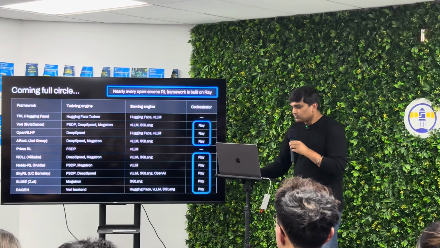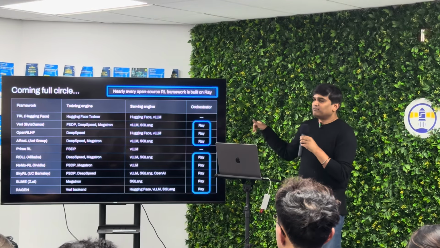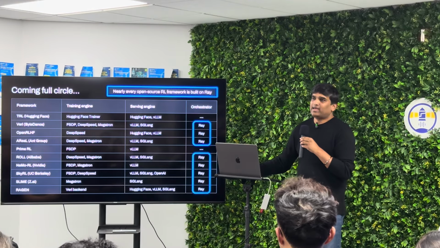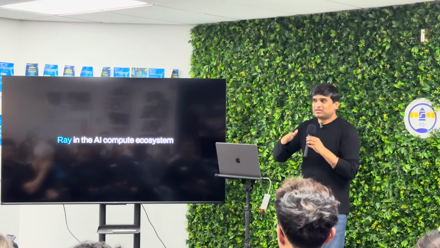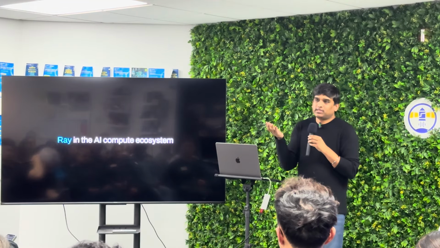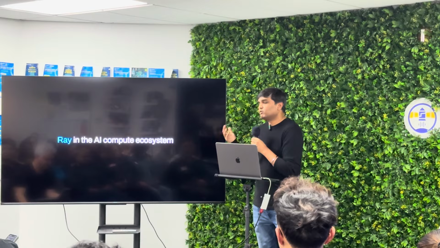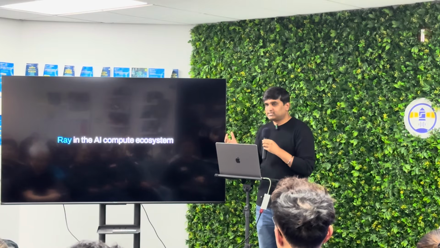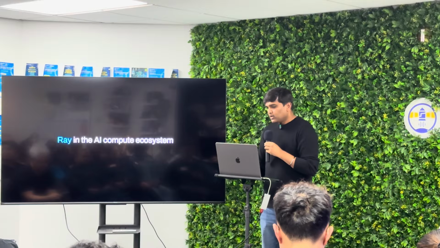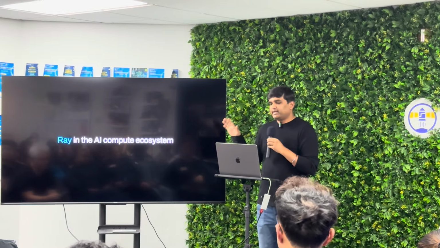Since this framework started with RL, and at that time RL was not the thing, but in the last 2 years RL became a thing, so Ray became a thing. That is how I can map it. Otherwise, they were quite ahead of time, but the market was just not fit for that. Okay, so that's about Ray, semantics and all.